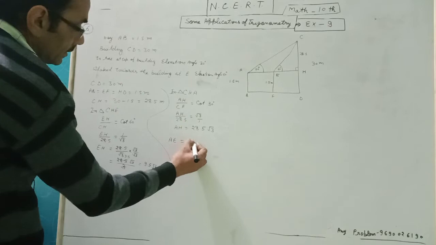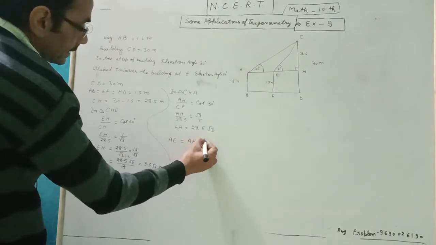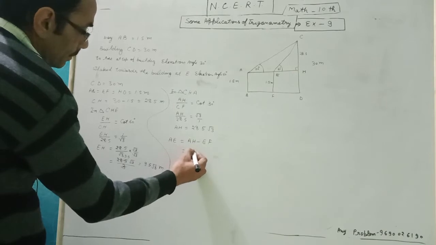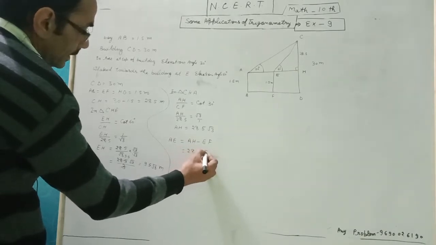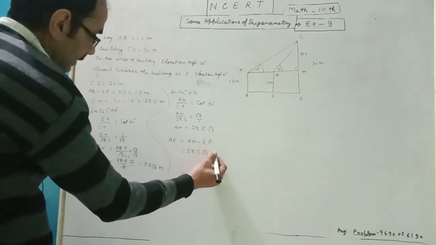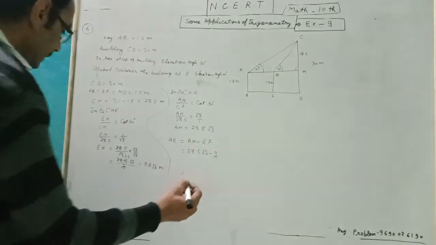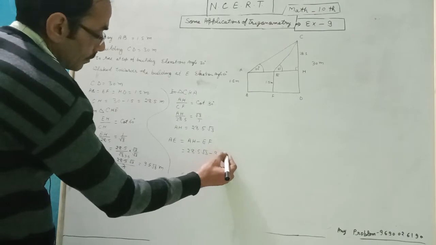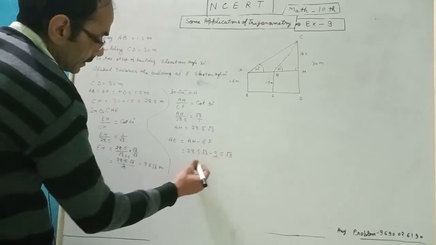We find AE is equal to AH minus EH. AH value is 28.5 under root 3 minus 9.5 under root 3.